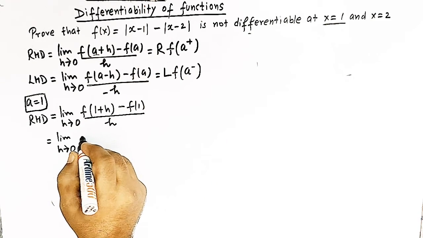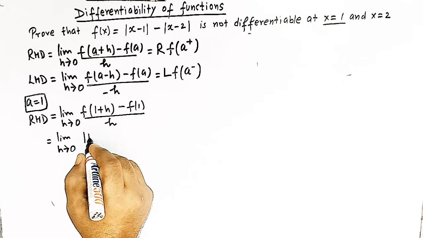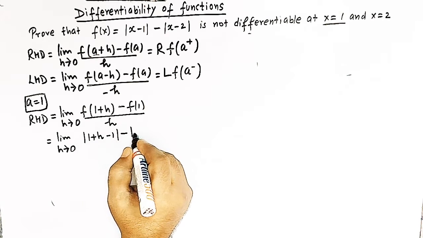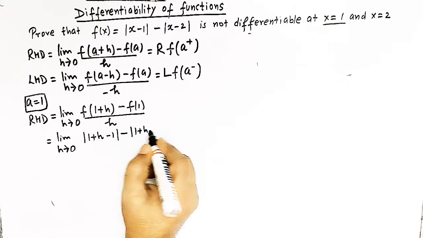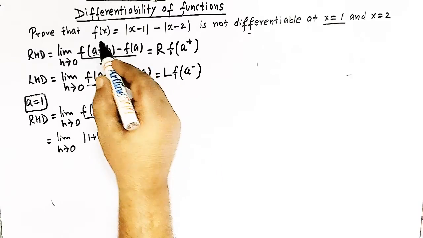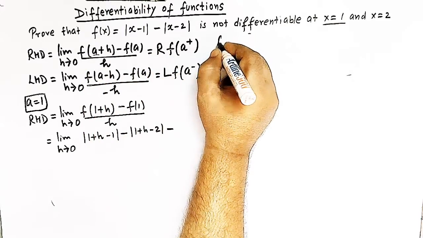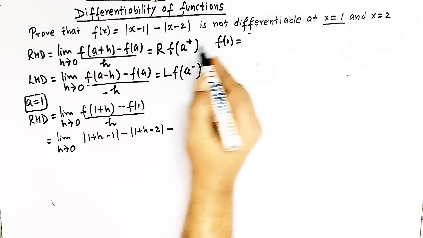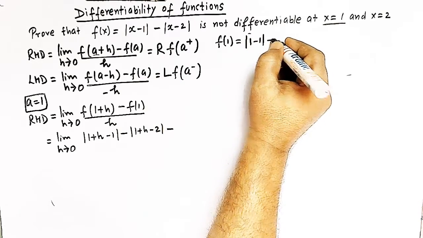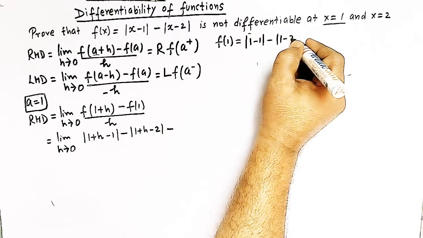So we have here mod of 1 plus h minus 1, minus mod of 1 plus h minus 2, and we can now find out the value of f of 1 separately here. f of 1 is given by mod of 1 minus 1 minus mod of 1 minus 2.